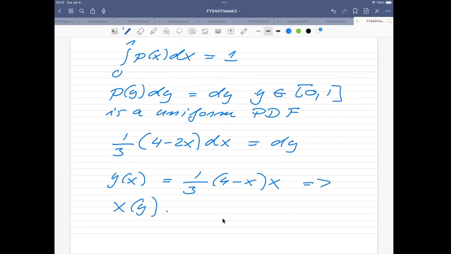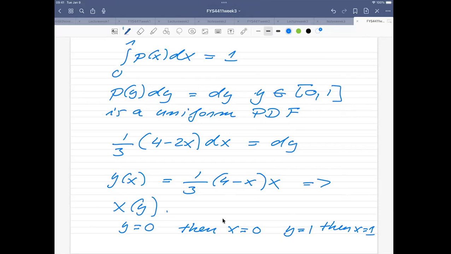I'll leave that as a small exercise to you. What you will see is that when y is equal to 0, then x is also equal to 0, and when y is equal to 1, then x is also equal to 1. So this is just another type of mapping.